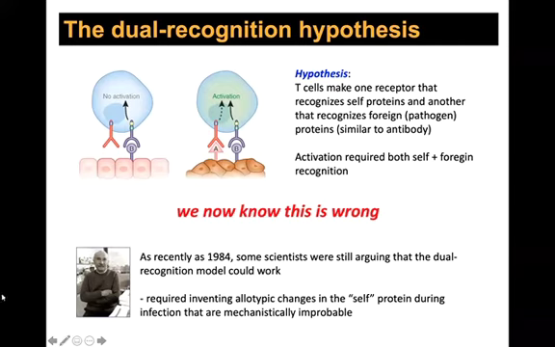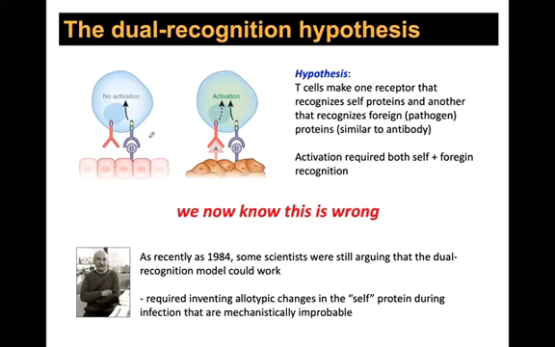The hypothesis is that T cells make one receptor that recognizes self-proteins, and another that recognizes the foreign antigen, or in this case, the virus. This would be similar to a receptor that looked like an antibody that would recognize a shape on the surface of infected cells.